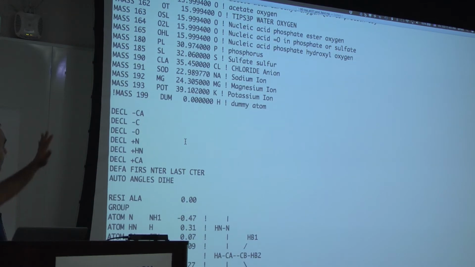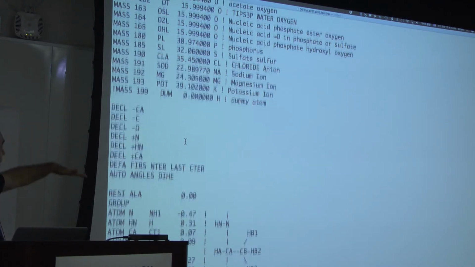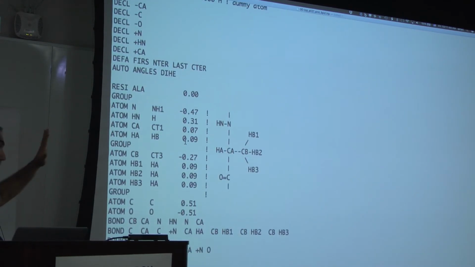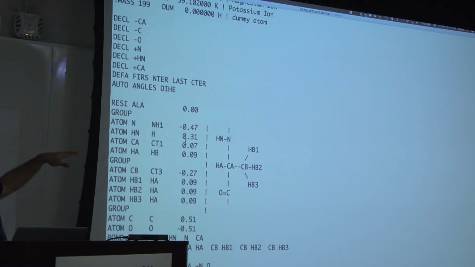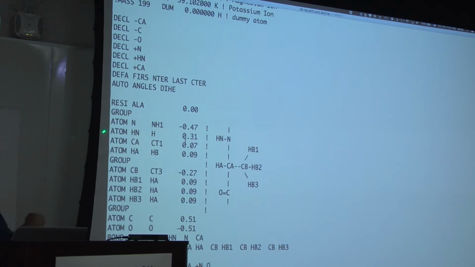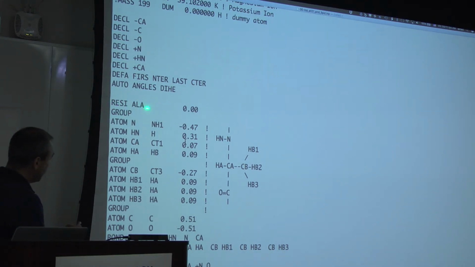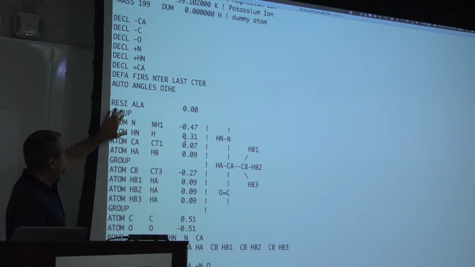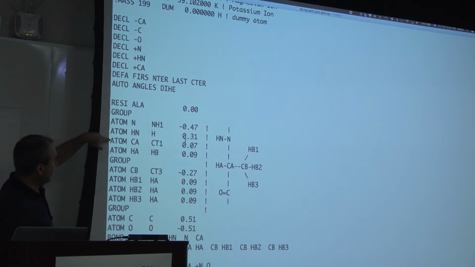Now that you have made all this preamble, you're ready to talk about your residues. First residue, alanine. The total charge of the residue is 0. I'll come back to this group later. Then you have these atoms in alanine.